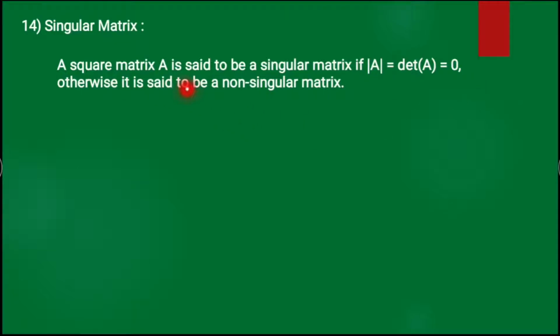A square matrix A is said to be singular if determinant of A equals 0. Otherwise, it is said to be non-singular matrix. So if determinant is 0, then the matrix is singular, and if determinant is not 0, then that matrix is non-singular matrix.